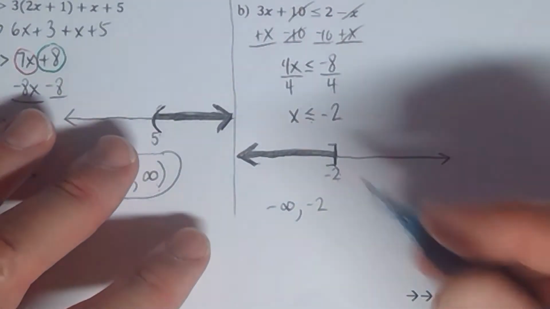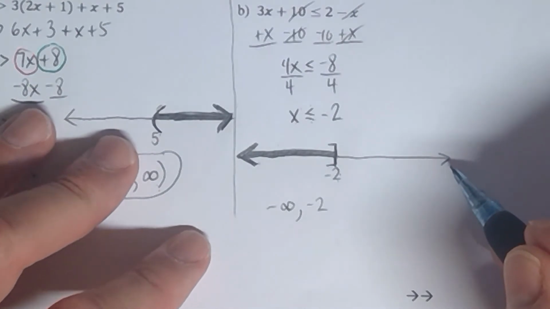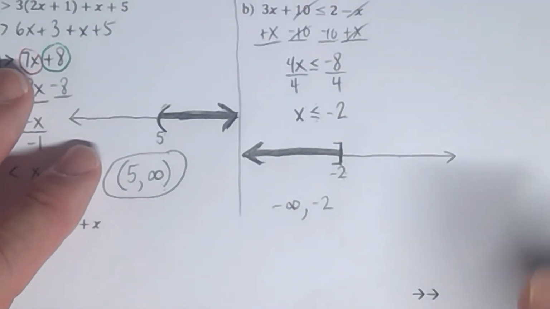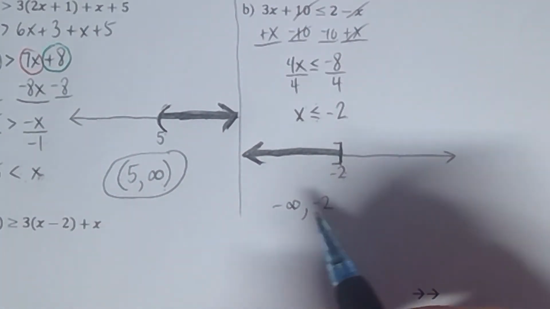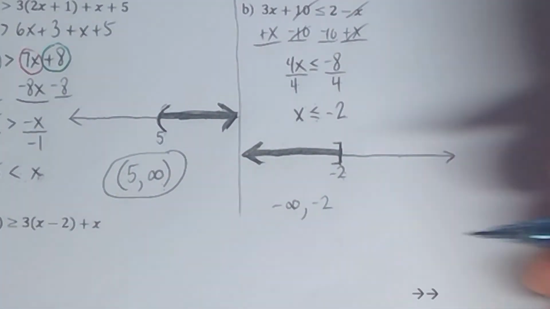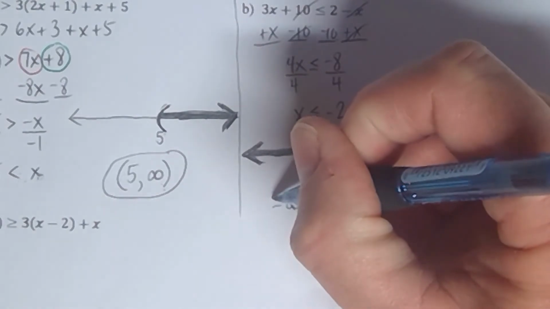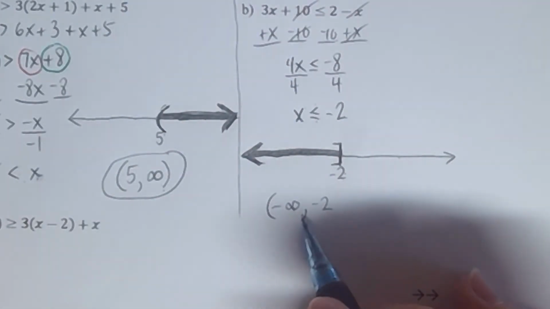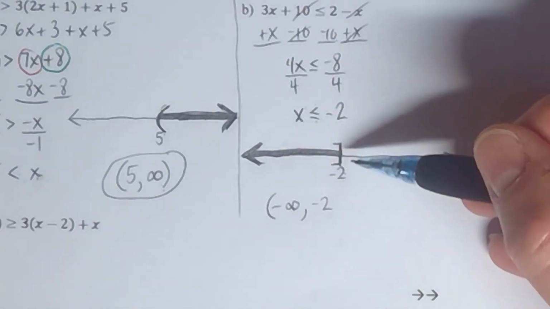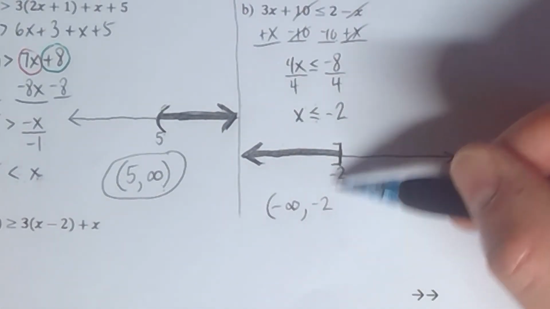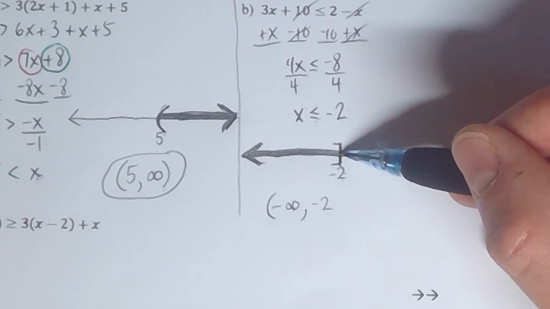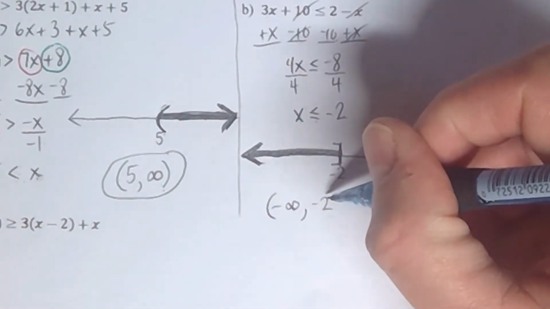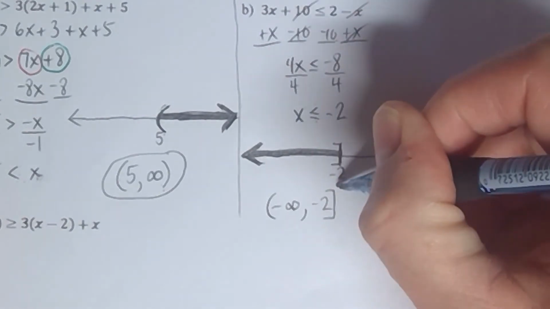The one difference is that it doesn't start up again like it did with the domain problems. It just stops right there, and there's no more shadings. Okay. After you do the two numbers and the comma, what do you do? You do the brackets. And negative infinity, like I just said, is always going to be round. But -2 is determined by what's in the graph here, which again is determined by whether or not it's got alligator feet. And so that makes it square. And there you go.